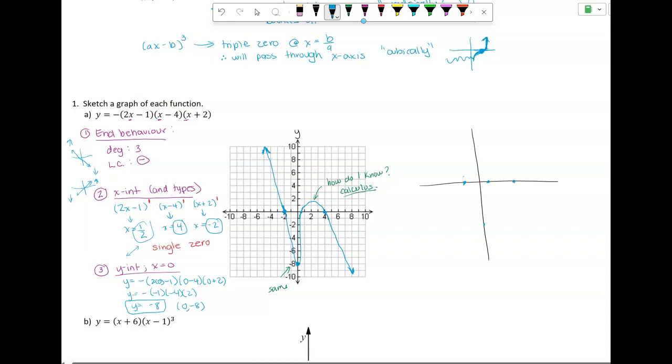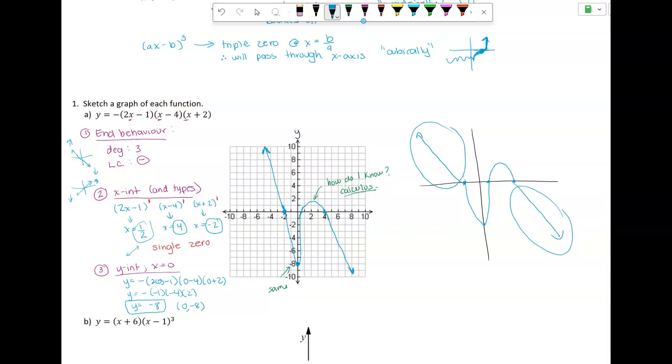We don't know how far up and low it goes until calculus, but because we know end behavior, this graph can't go like this, and it can't go like this. This is wrong. Why? Because it's too linear. This is a straight line, whereas this is a polynomial, so it should have gone more curved and continued along its similar slope here.